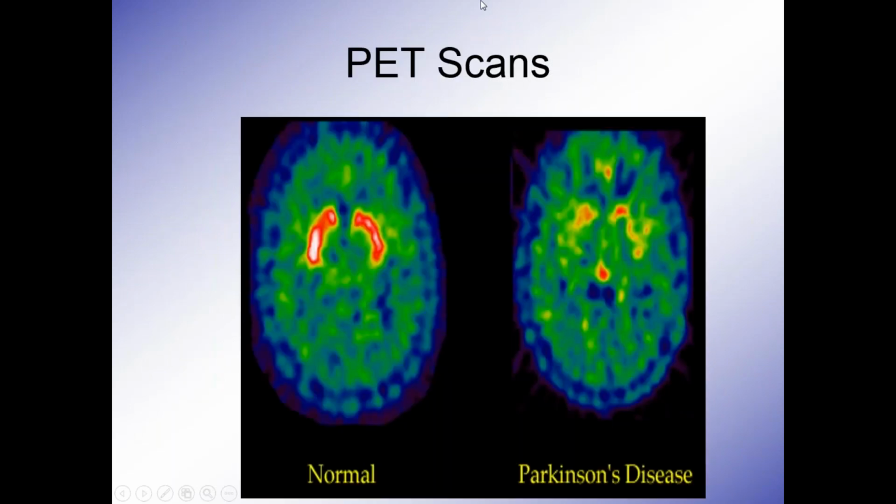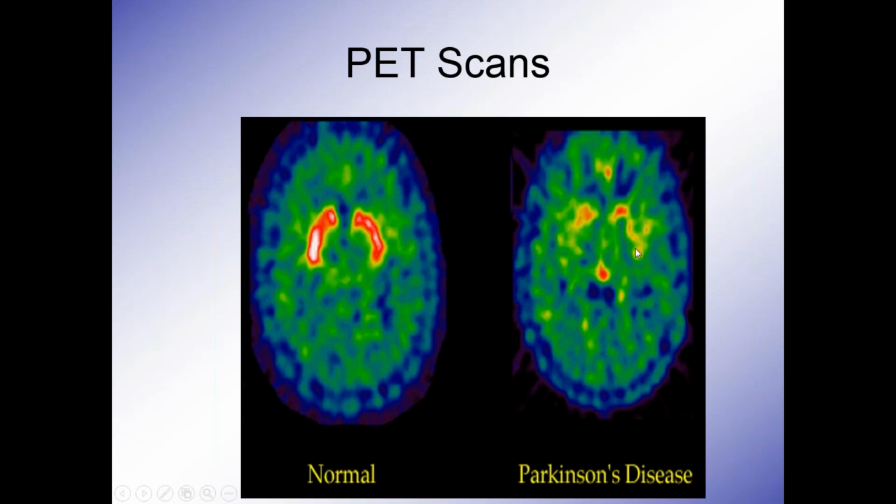What I can show you, however, is what one of these scans would look like. If you look here on the left, the area that you're seeing in orange, red, and white that stands out in the center of the image is the image of the basal ganglia, or the dopamine transporter, identified in a normal, healthy person that does not have Parkinson's disease.